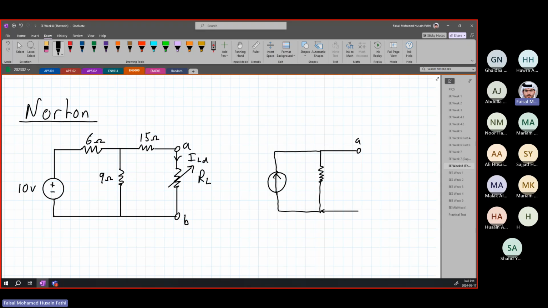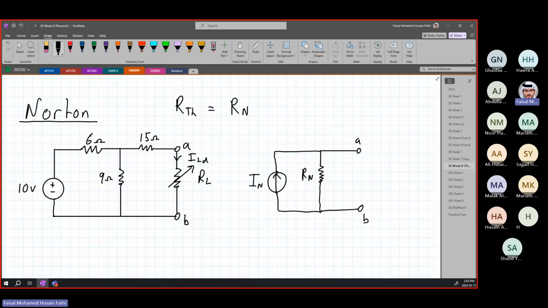This is the difference between Thevenin and Norton only. So this is going to be I Norton. You're going to have a current called I Norton, and you're going to have your R Norton over here. One thing you should know, R Thevenin is equal to R Norton. Always. This is always the case. The resistance of your Thevenin equivalent circuit is equal to R Norton.